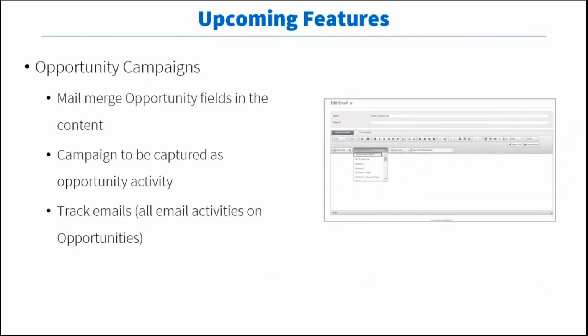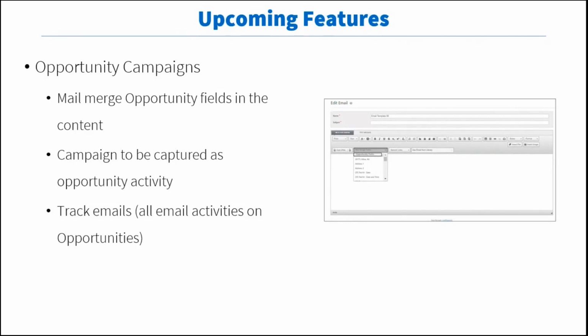And coming to campaigns, what we are essentially doing is we are also going to be enabling mail merging of opportunity fields in the content. So we mentioned the opportunity type, and all that particular opportunity's fields will be available in the content section, and in the templates that marketing users or sales users are trying to create, they can create the content with those fields as well.